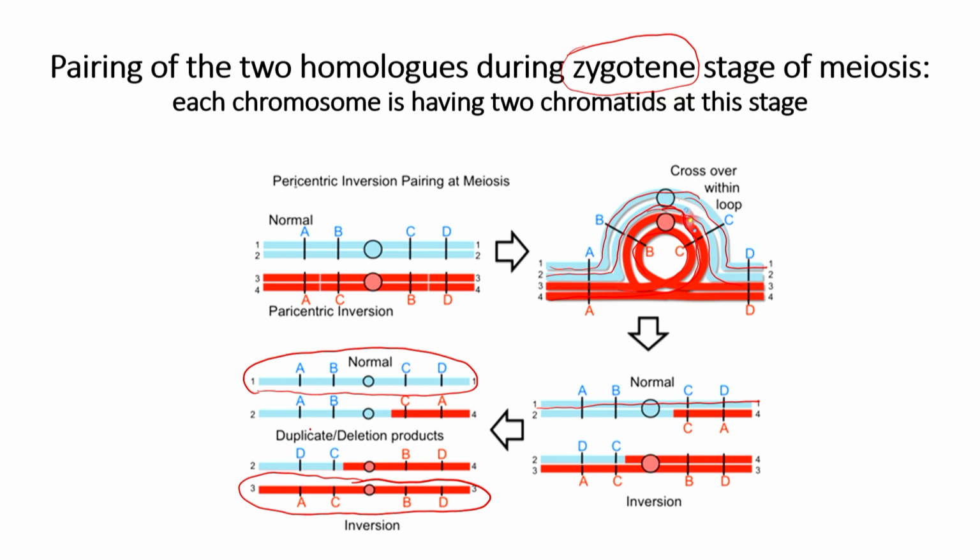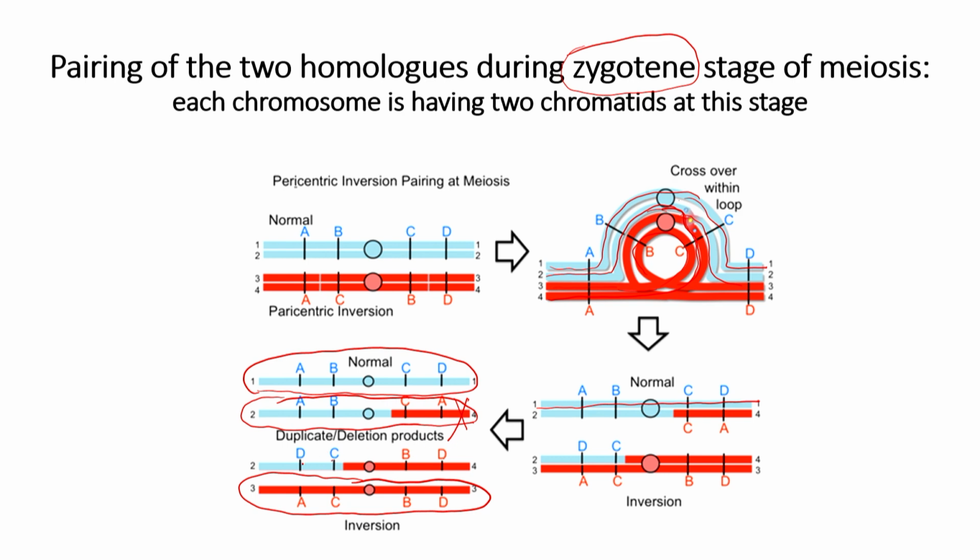What is in this one? If you look, it has A, B, C and then A. A, B, C, A. That means A is duplicated, and B, C, D is absent. So the D part is deleted. So this gamete will be non-viable. It will die because it does not have the complete genome. In the same way, this one has D, C, then B, D.